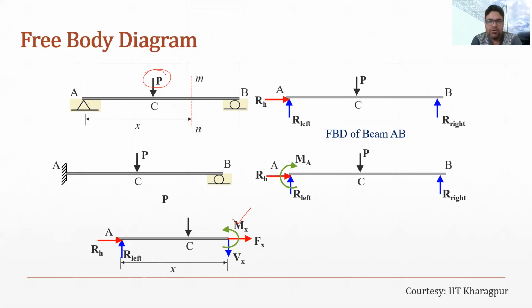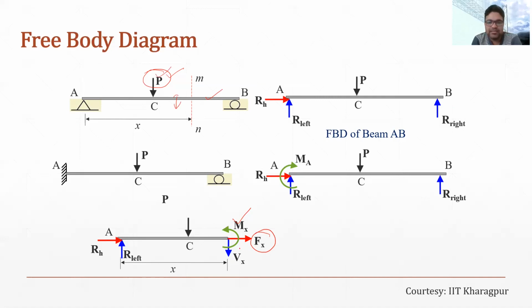Similarly, because of this load, there may be extension of this beam. So this beam may try to extend. Because of that, there is an internal force Fx. Similarly, this force will try to push this beam downward.